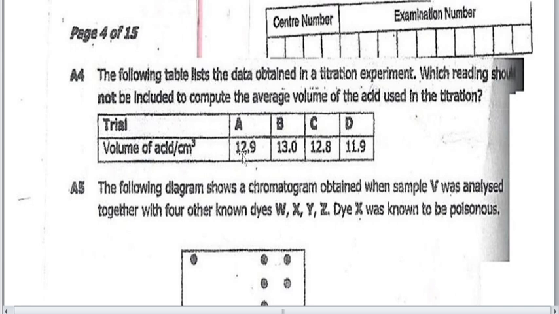If you check, we have 12.9, we have 13.0, we've got 12.8, we've got 11.9. Now 11.9 is the only value that is far away from these other values. A, B and C are close, but 11.9 is far away from those values. So the answer choice for number 4 is answer choice D.